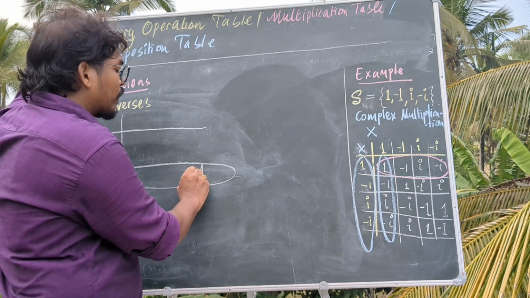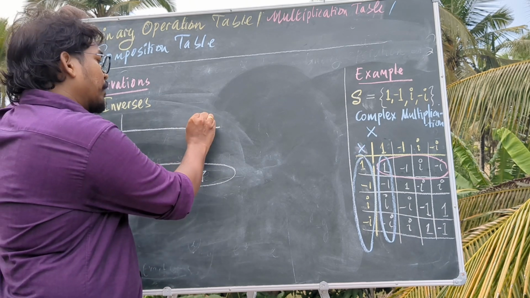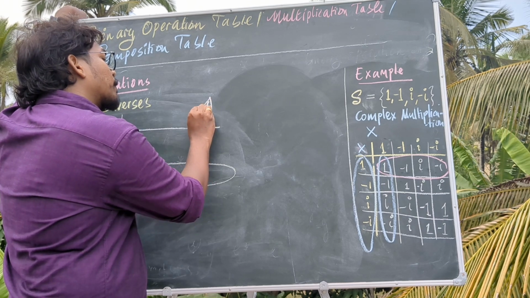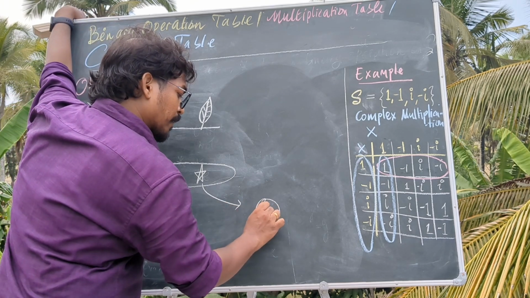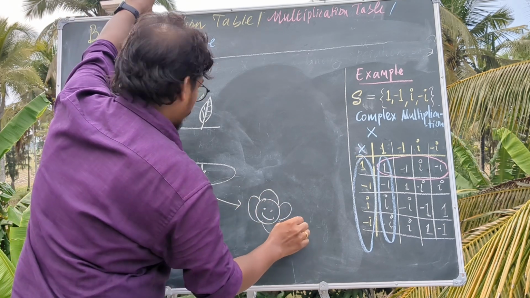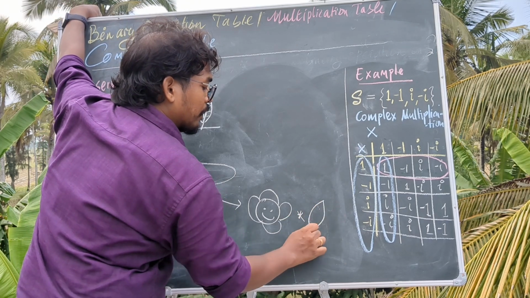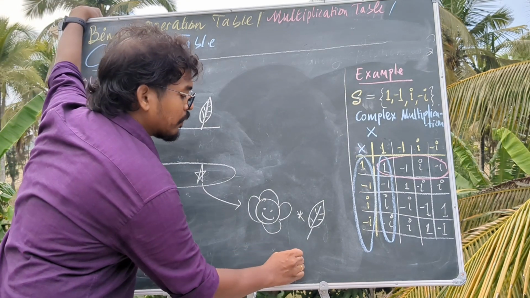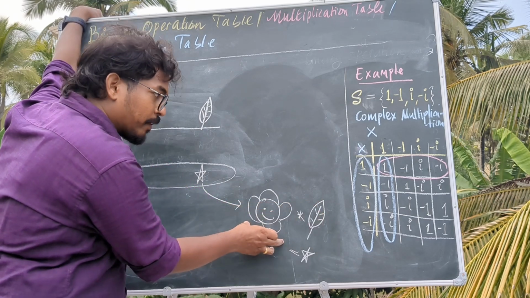If somewhere I have star, suppose here we have the cute little leaf, then this happy little element operated with star with our cute little leaf gives star. So this is a possible candidate for inverse of this element.